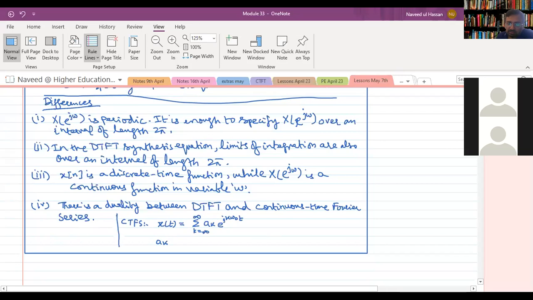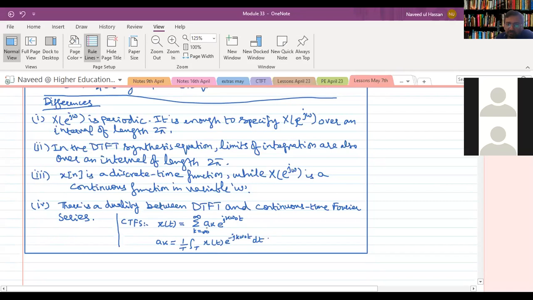Okay, now I am writing these equations for continuous time Fourier series for continuous time periodic signals. So we had 1 over T integral over 1 complete period x(t) e^{-j k omega naught t} dt.